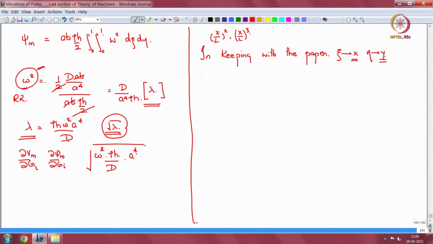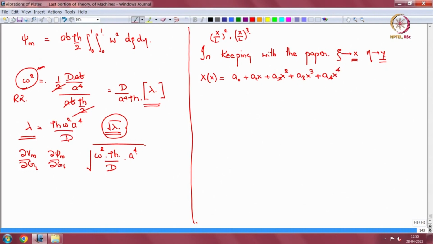So, what are the functions? The function in the x direction, I choose a0 plus a1 x plus a2 x square plus a3 x cube plus a4 x fourth.